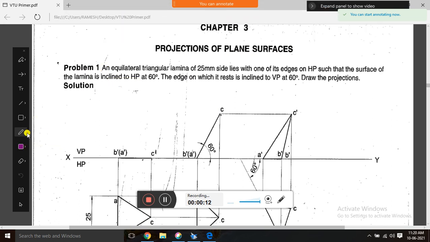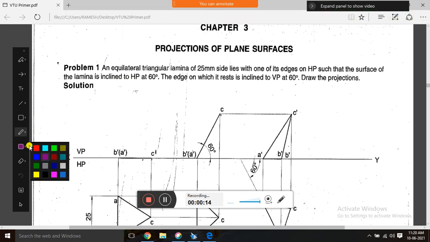An equilateral triangular lamina of 25 mm sides lies with one of its edges on HP such that the surface of the lamina is inclined to HP at 60 degrees, and the edge on which it rests is inclined to VP at 60 degrees. Draw the projections. So this is the first problem.